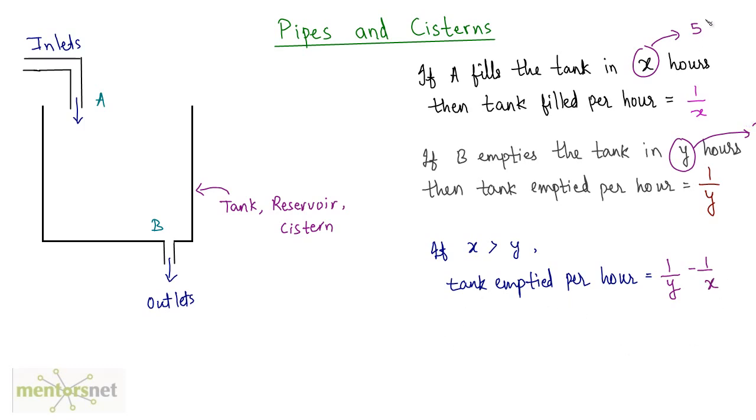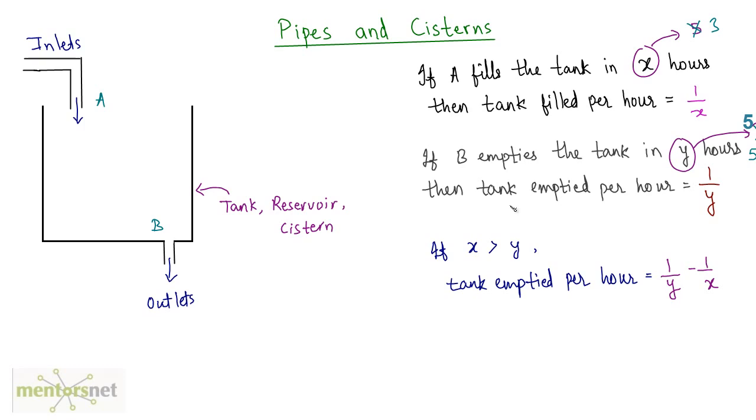Now in case this is 3 and this is 5, it means the tank is taking more time to empty than to fill. If you consider the net effect, the tank is getting filled up slowly, although some water is letting out.